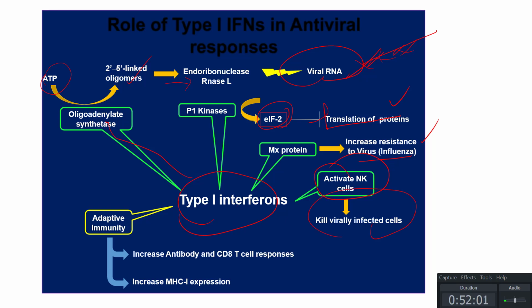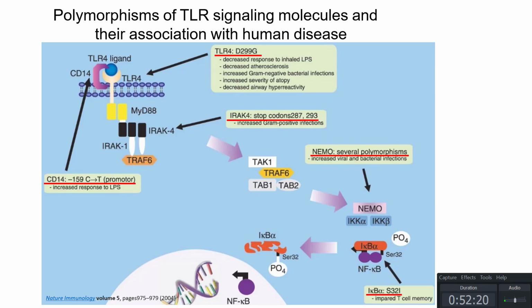And it can also activate the adaptive immunity, that increases the antibody production, and the CD8 cell response, and the increase in MHC1, that is major histocompatibility complex 1 expression as well. So whenever any polymorphism of TLR signaling happens, that can lead to human disease, as well as it can help the body.